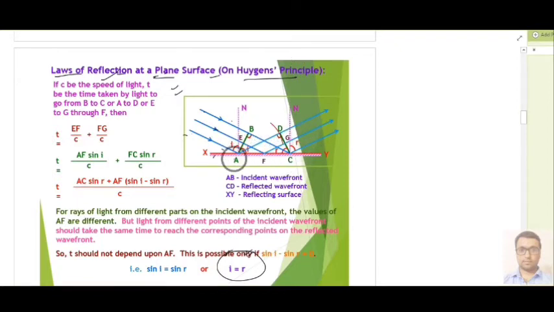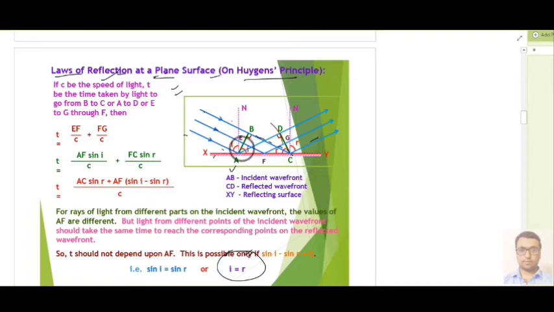Suppose AB is your wavefront that is falling on this reflecting surface, and point A reaches the surface first. After some time, point B will reach C, and then it will reflect. The angle of incidence is the angle made by the incident ray and the normal.